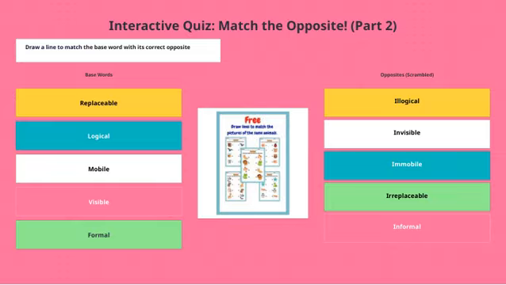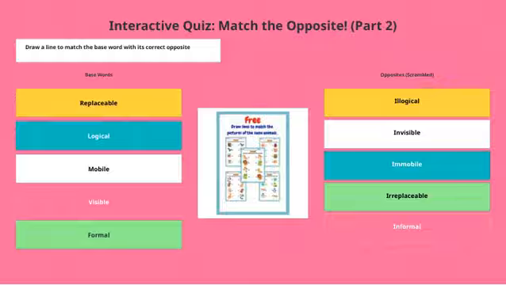For example, replaceable is opposite to irreplaceable, emphasizing whether something can or cannot be replaced. Similarly, logical pairs with illogical, which helps us see the difference between rational thinking and its opposite. Mobile matches with immobile, highlighting movement versus stillness. Visible is opposite to invisible, relating to whether we can see something or not.